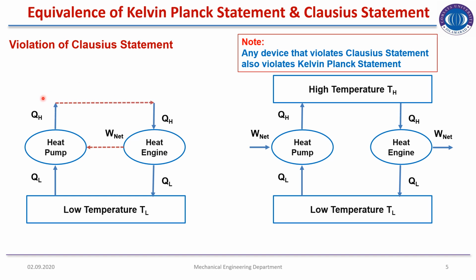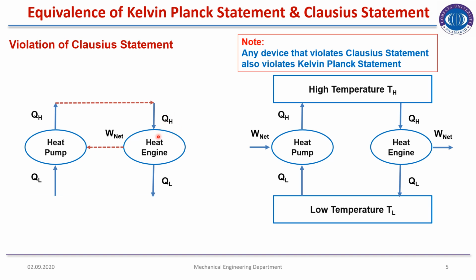Therefore the QH of the heat pump will be equal to the QH of the heat engine, and the heat engine is rejecting QL amount of heat into the low thermal energy reservoir, which is the same amount of heat that was received by the heat pump from the low thermal energy reservoir.